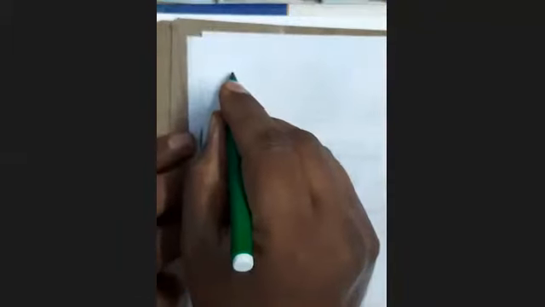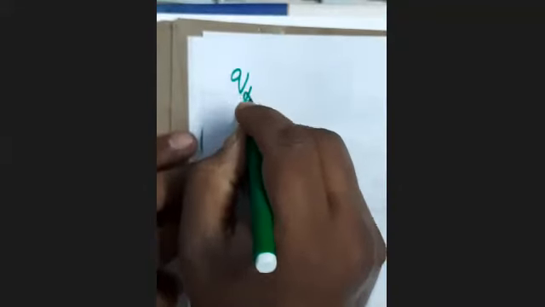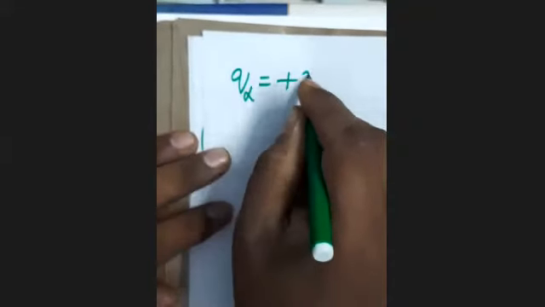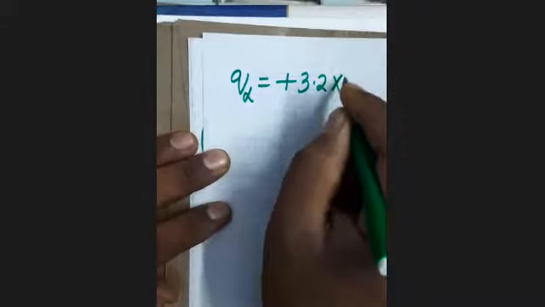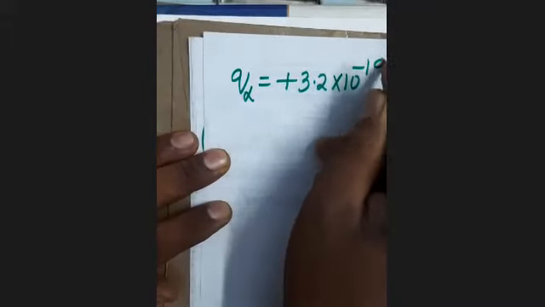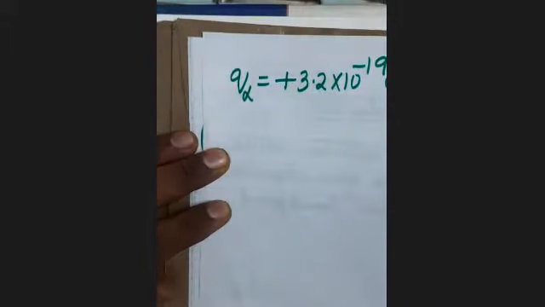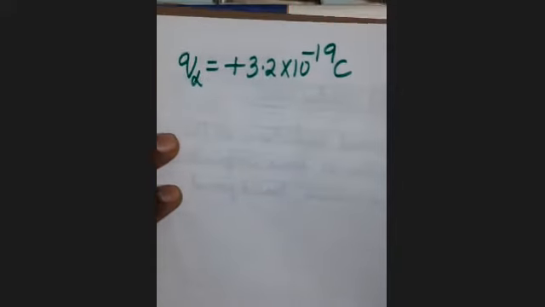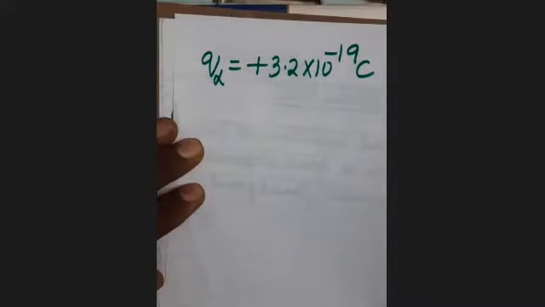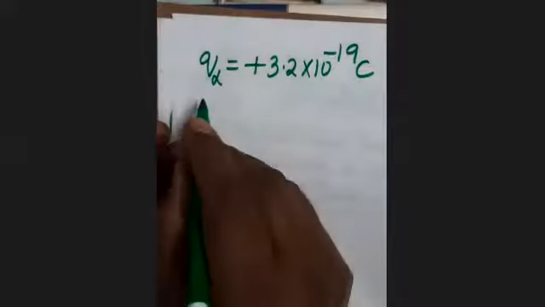It is 4 times the mass of proton. I am writing here, charge on alpha particles is a positive charge, 3.2 into 10 to the power minus 19 coulomb. Not only do you have to mention the magnitude, you have to mention whether it is positive or negative.